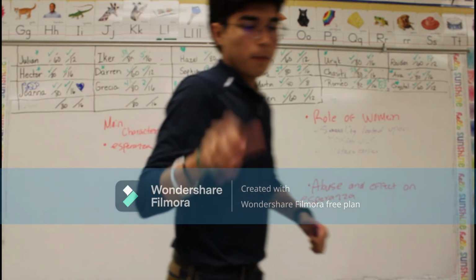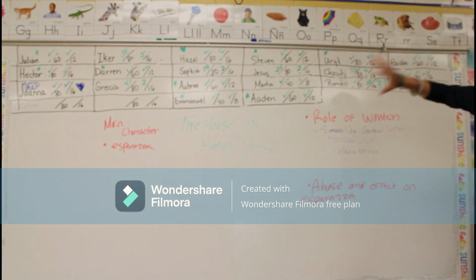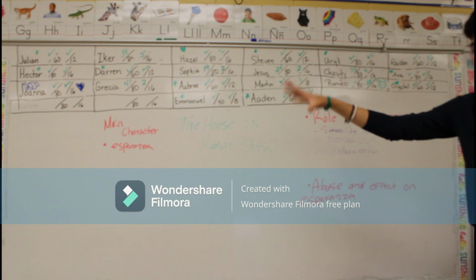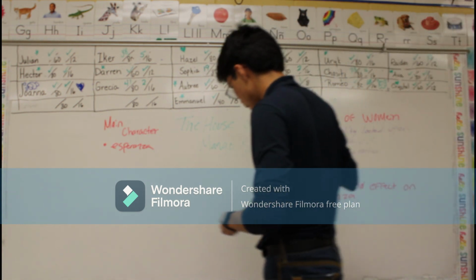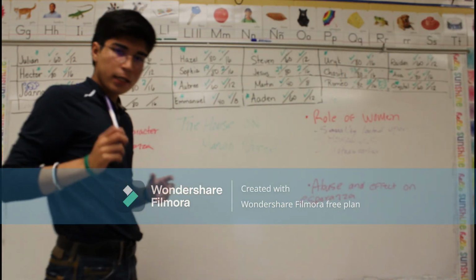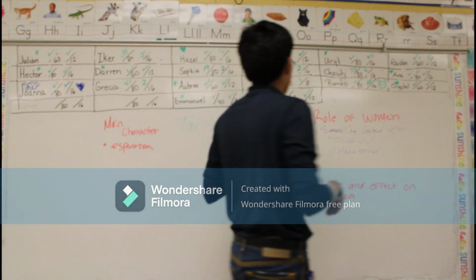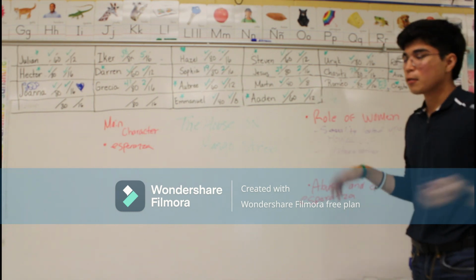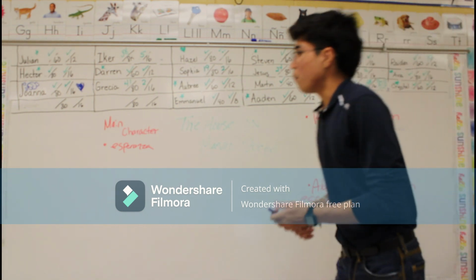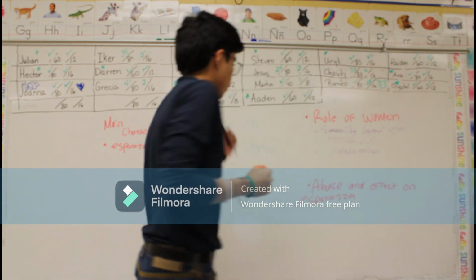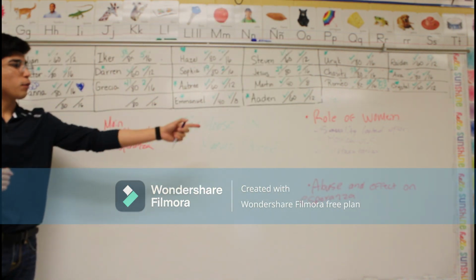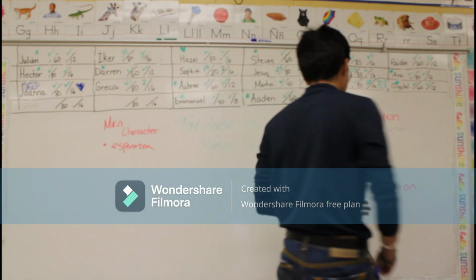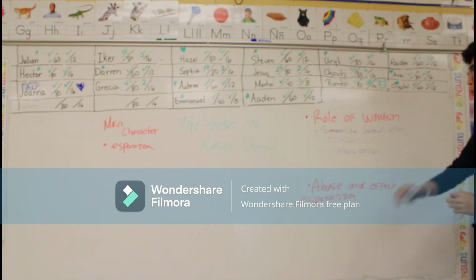All right, let's talk about the culture first. In The House on Mango Street, we already know by the characters presented that it's a Hispanic household, a Hispanic community with Latino ethnicity. Also, the role of women has a great impact on how the abuse and its effect on Esperanza are portrayed.